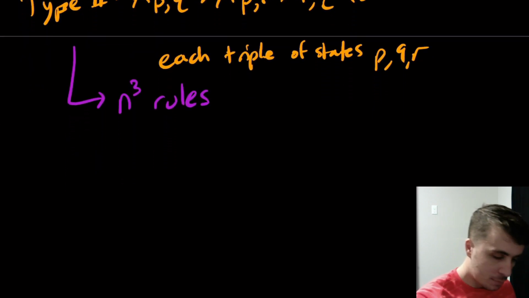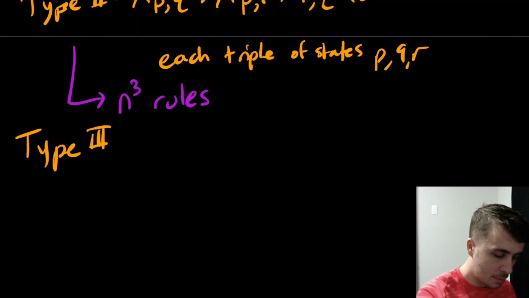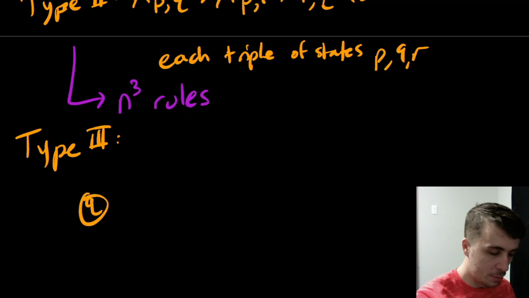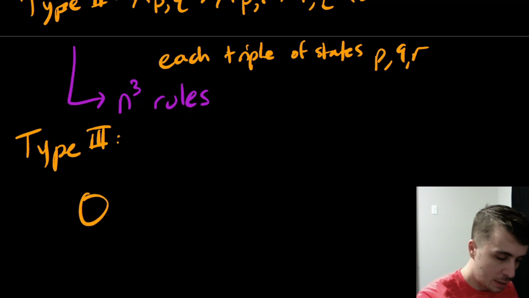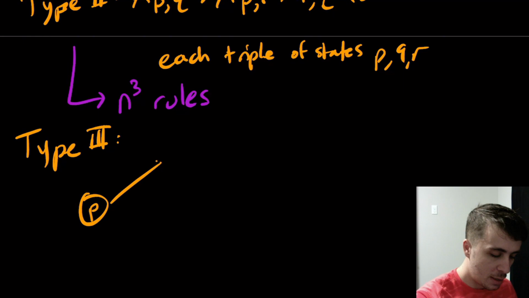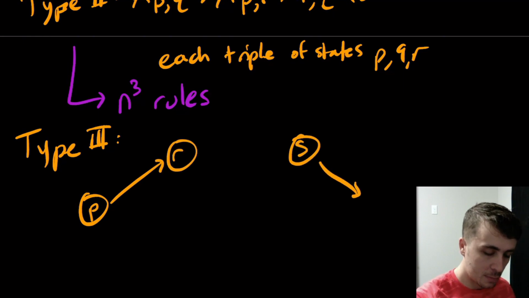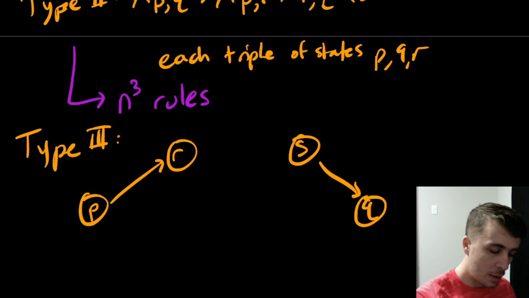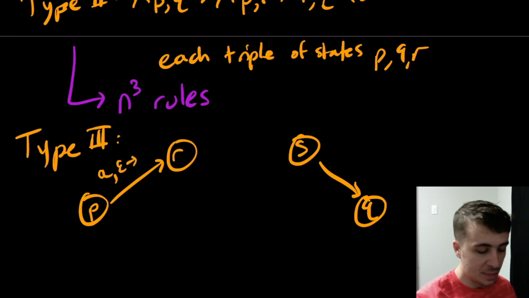All right, so what about type 3? If we have a transition, oops, not Q first, it should be P first. So if we have something like this, where we have 2 transitions, where the first one is not going to pop anything, because every transition either pushes or pops, and this one pushes.